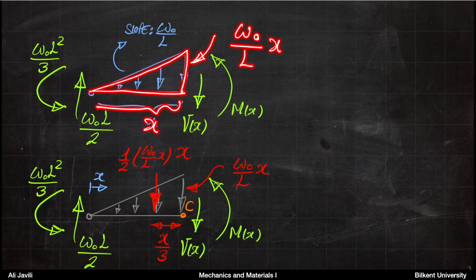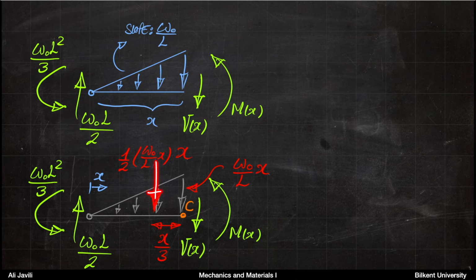The width would be, let's say, x, and then the area of that would be 1/2 of x times W0x over L. Okay, so this is the area of that triangle, which basically tells you that's your effective force. So if you want to replace that triangle by a single force, this is your single force. Now the single force is again acting at the distance x over 3 from the right hand side and 2/3 of x from the left hand side.